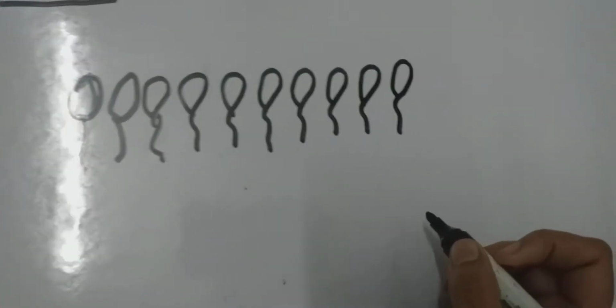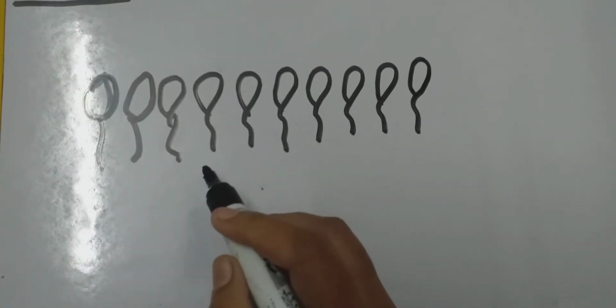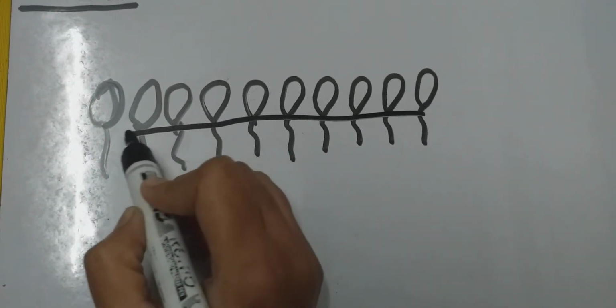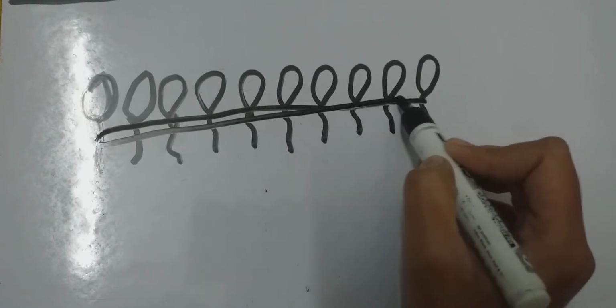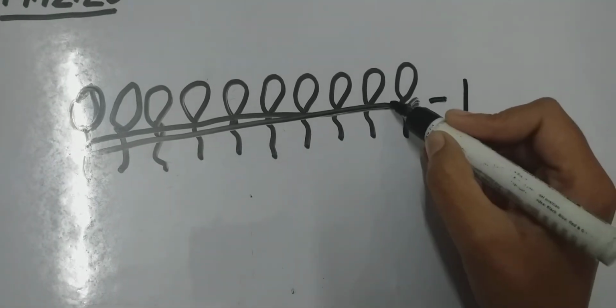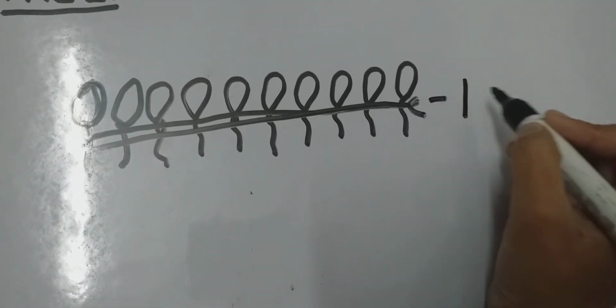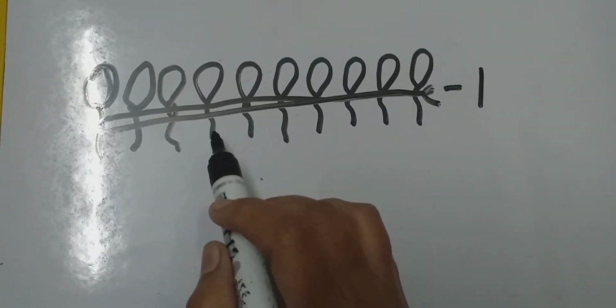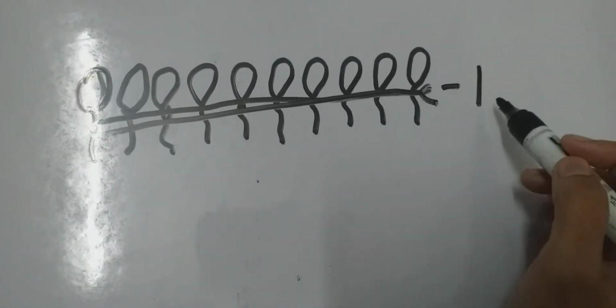Okay, so I have 10 balloons. Now I will tie them. So one bundle of 10 balloons. Okay, अभी यहाँ पर क्या है, एक बंडल है मेरे पास, 10 balloons का एक बंडल है.